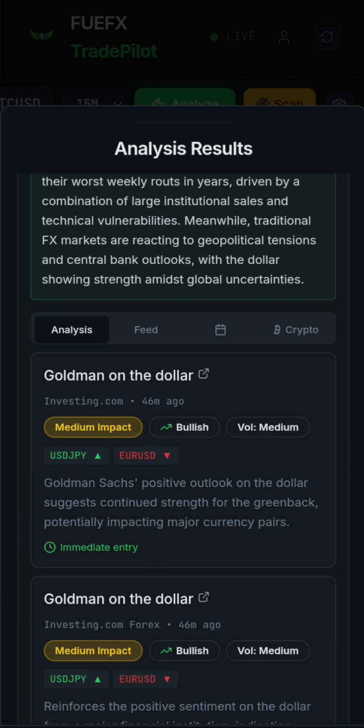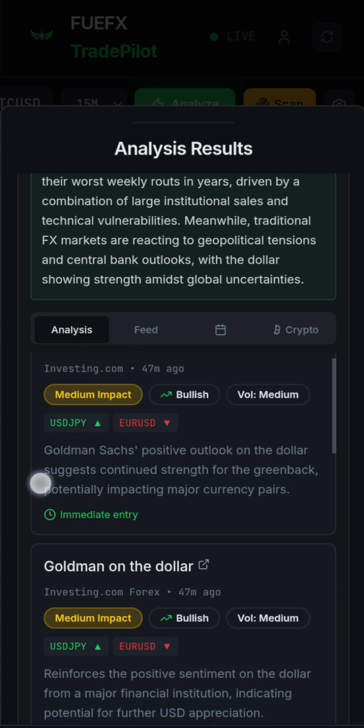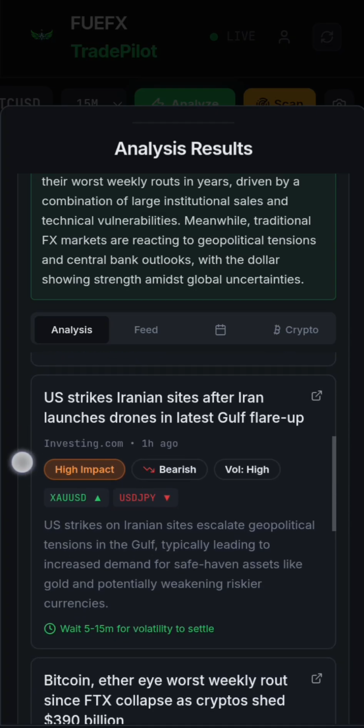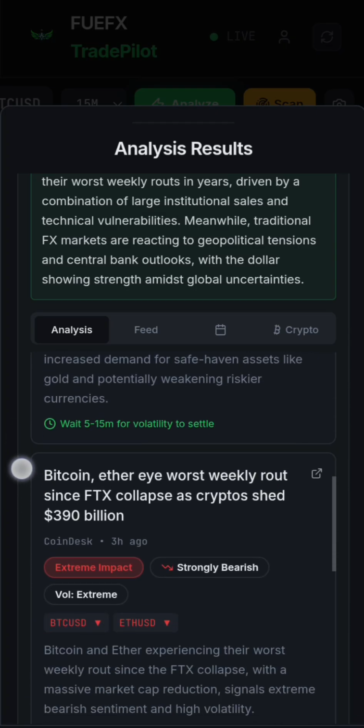For instance, this particular news of Goldman on the dollar, it says USD/JPY is up while EUR/USD is down. So this tells you you can go long on USD/JPY, or you can short EUR/USD. Okay, so you can see all other information. You can see this one.